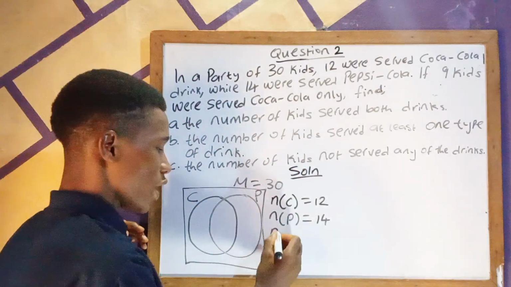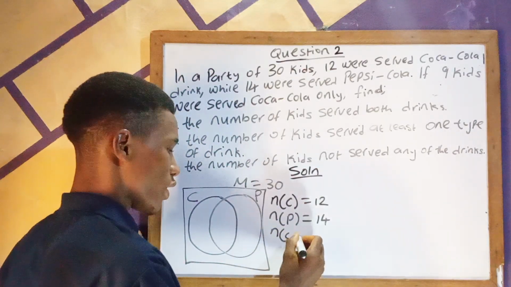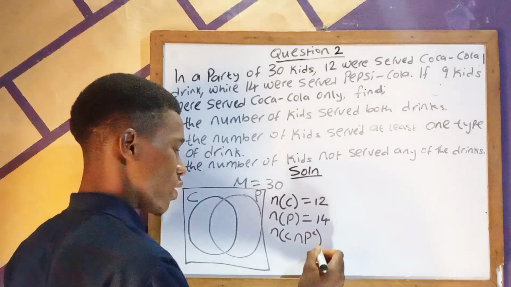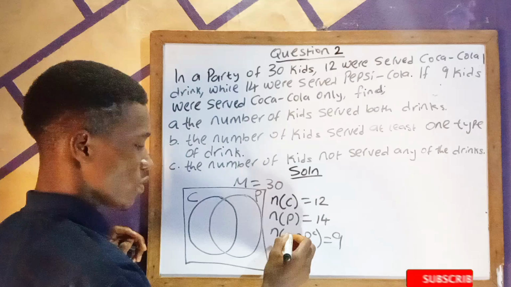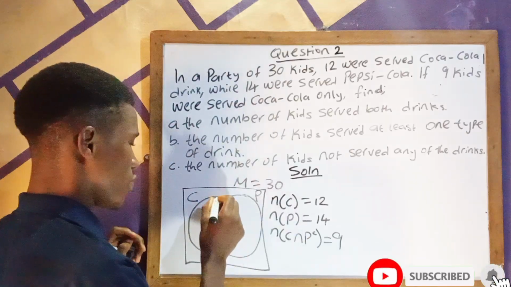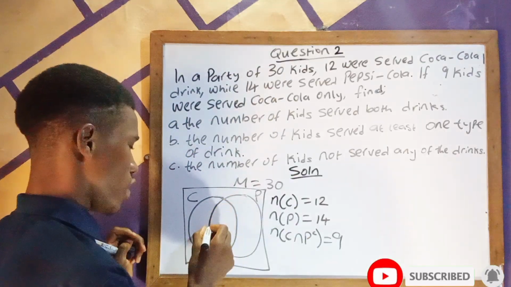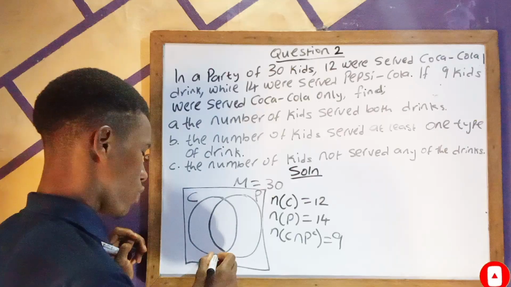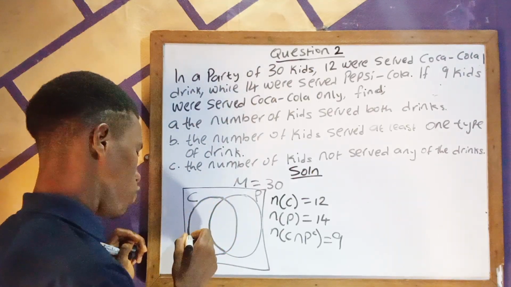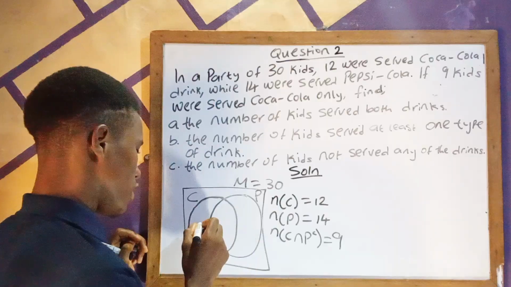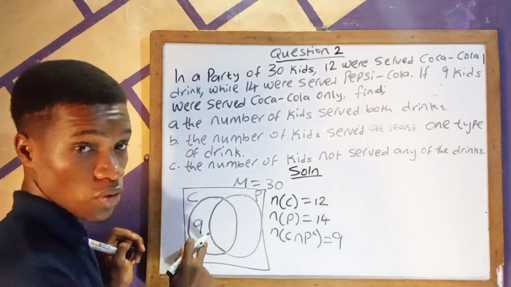That means the cardinality of Coca-Cola intersection Pepsi-Cola complement equals 9. From the diagram we shaded, Coca-Cola intersection Pepsi-Cola complement is only this part here. So we can have that this part alone is 9.